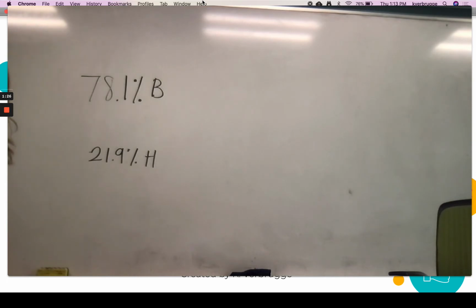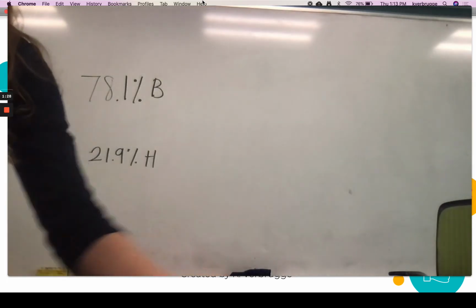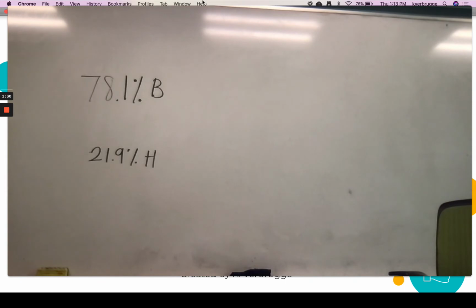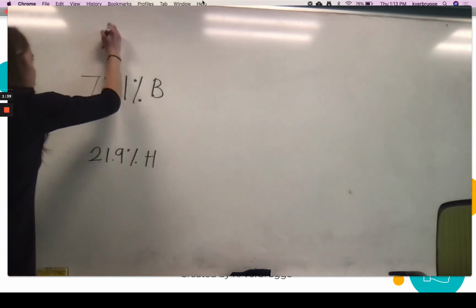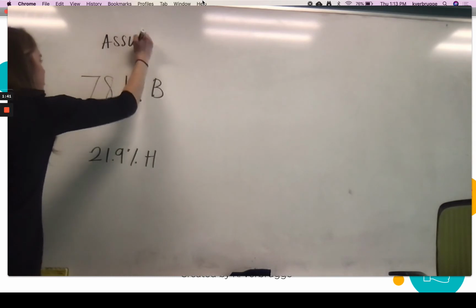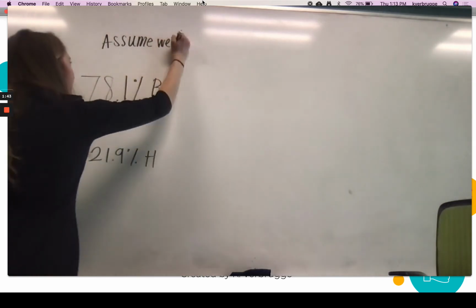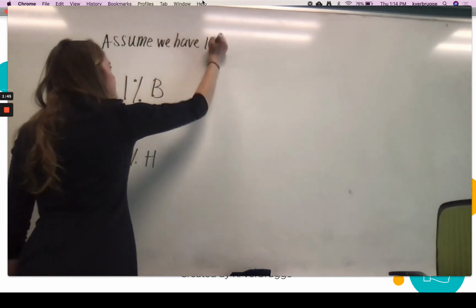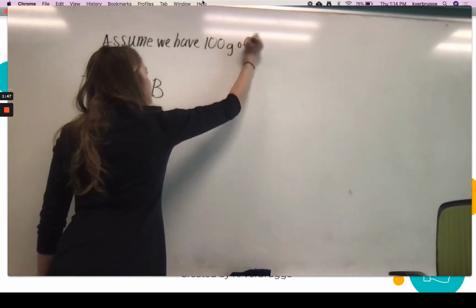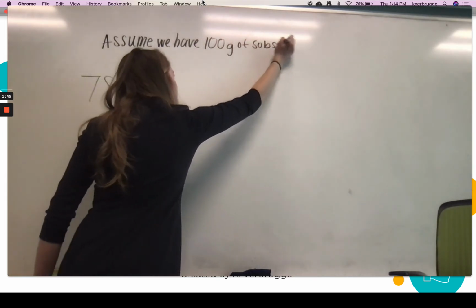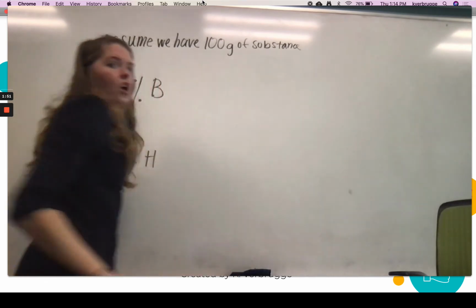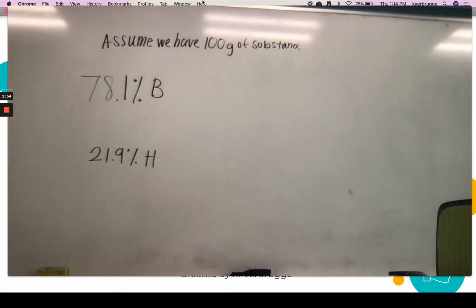Our next step is to convert this mass into grams. And this is actually going to be a pretty easy step. It might seem a little tricky, but we can easily turn this percent into grams if we assume, and you're always going to assume, we have 100 grams of substance. Unless you're told differently, always assume we have 100 grams of a substance.